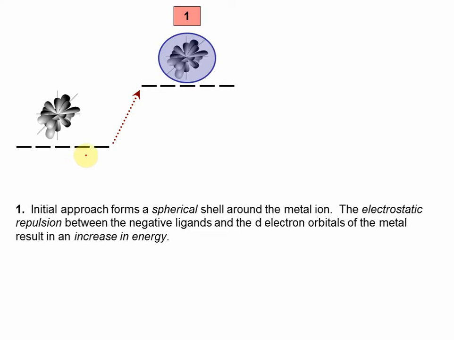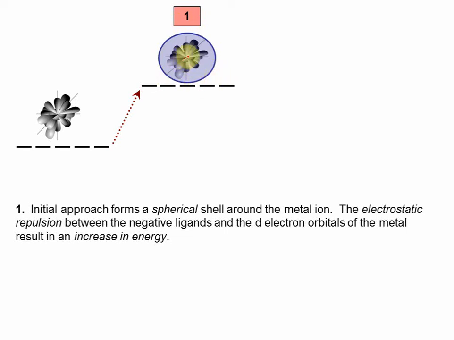So you have these ligands approaching, but in a way so that it's just uniform negative charge that kind of envelops those d orbitals and the orbitals on the metal ion. So initially you get this repulsion between the ligands, which are being represented by the blue, that negative charge, and the electrons in the d orbitals themselves. So this is why we have this increase in energy.